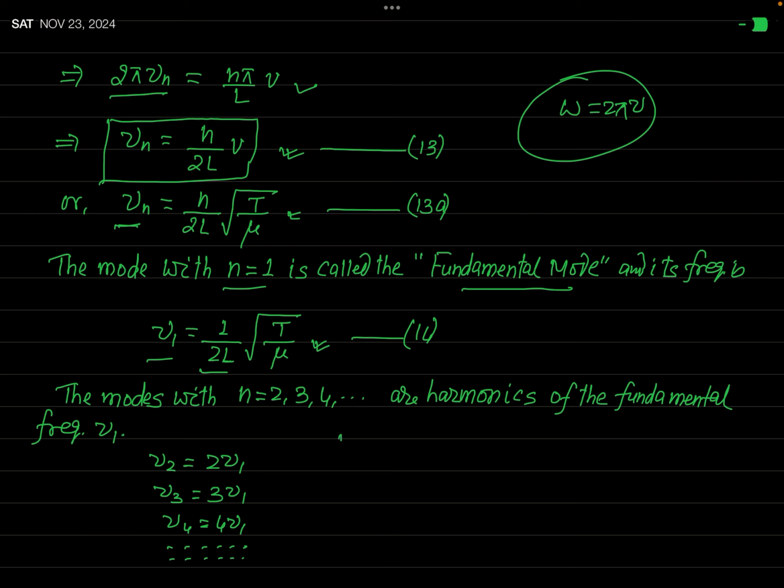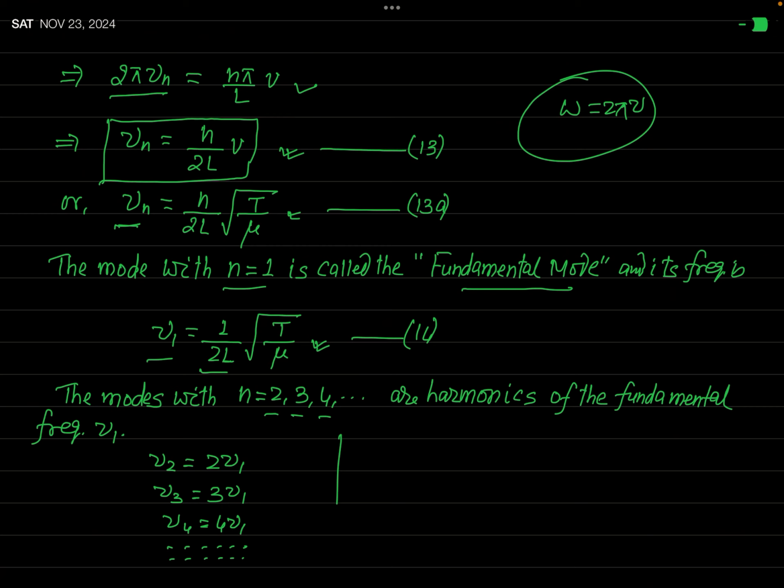Now you can see, when you want to find the higher modes of frequency, you take n equal to 2, 3, 4. Actually these are called the overtones. This nu 1 is the fundamental frequency, and when you take n equal to 2, 3, 4 and so on, those frequencies are called overtones.